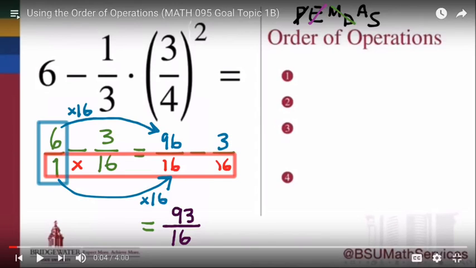Now, the only thing that might remain to do in this problem is reduce the fraction 93 over 16 into lower terms if it's possible. Is it possible? Do 93 and 16 have any factors in common that we can cancel? I don't think they do, because 16 has only factors of 2, 4, and 8 inside of it, right?